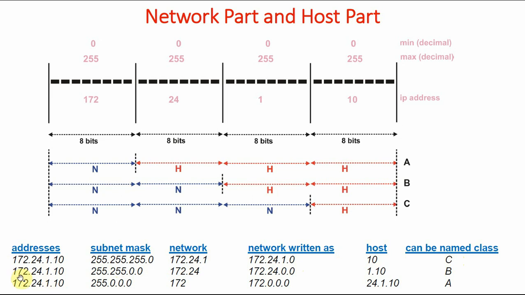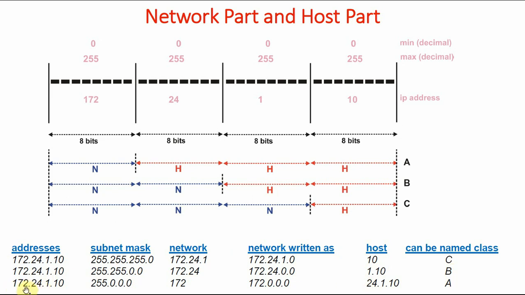And what about this? If the address is this and we have taken the mask 255.255.0.0, that means this is going to be your network number and this is going to be your host number. And according to the mask, it should belong to the B class address. But later in the video we will see that the definition of A class, B class and C class is a little bit different.